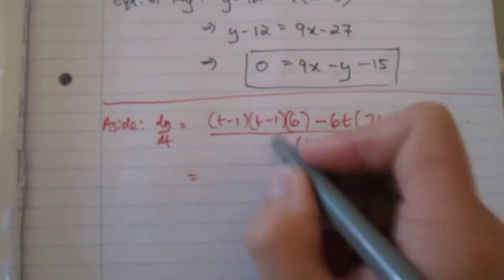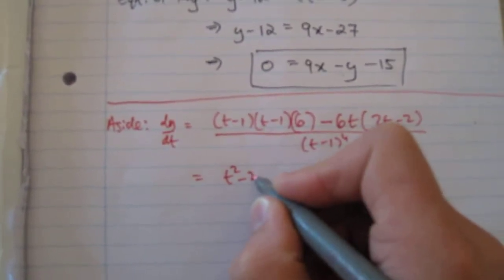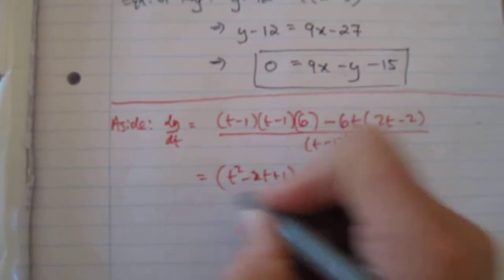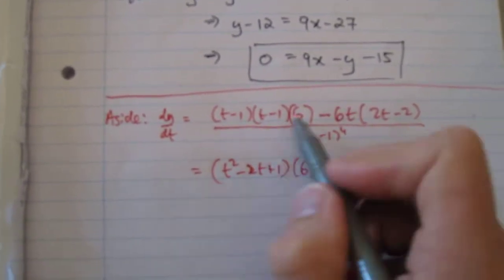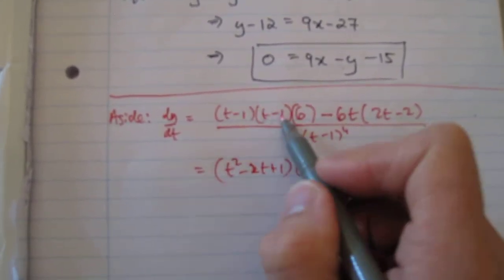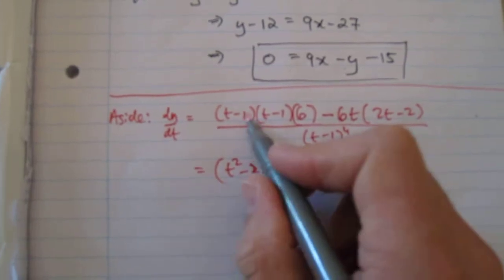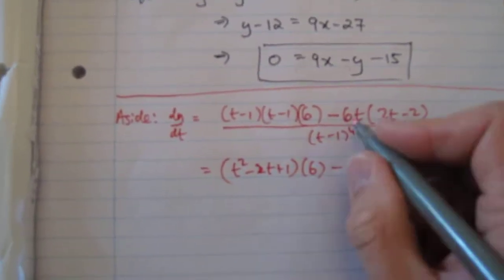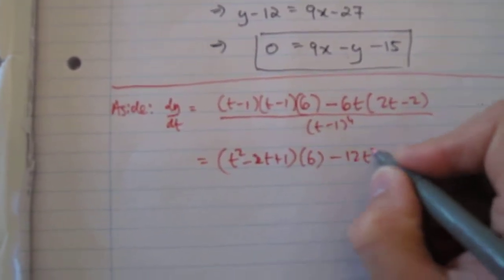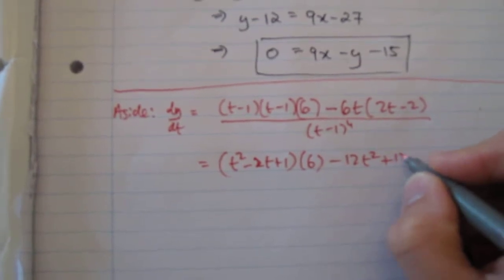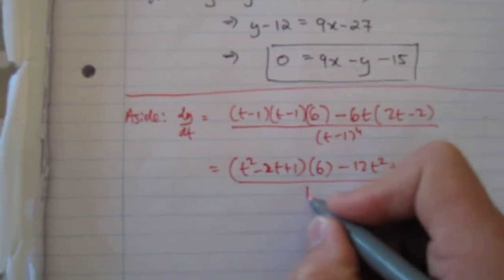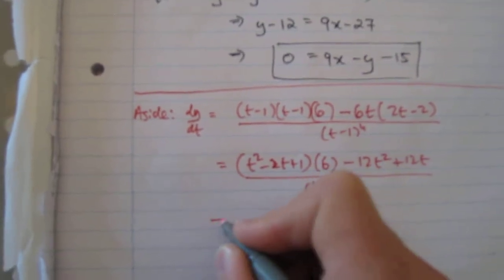Alright, so let's multiply these two together. So you get t squared minus 2t plus 1 by 6. We'll multiply them, t by t is t squared, minus t, minus another t, minus 2t plus 1 by 6. When I multiply this in, I get minus 12t squared plus 12t over (t minus 1) to the power of 4.